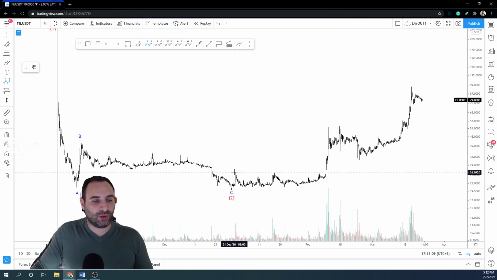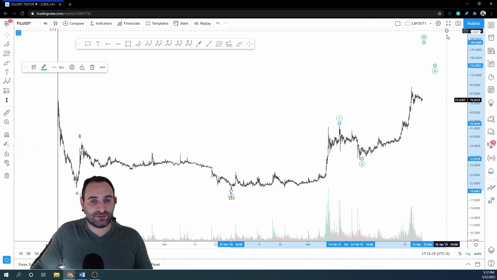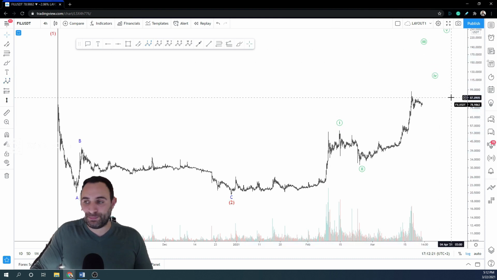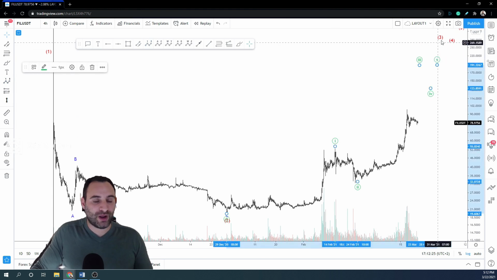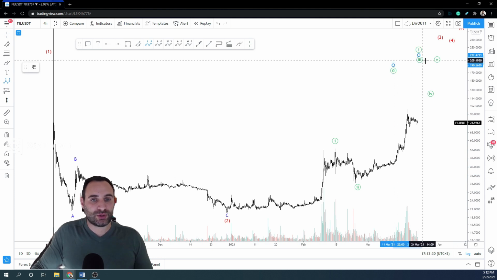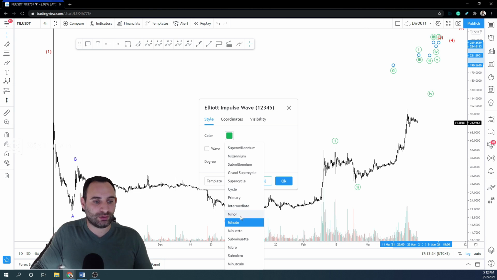Now, if we look at the structure from that low upwards, we can easily identify this as a wave one, and this as a wave two, so we'll go for 3, 4, and 5. But since we are going for a wave three that is higher than the previous high, we need to ensure that we're going to get 1, 2, 3, 4, and 5 here in the minor degree as well, okay?